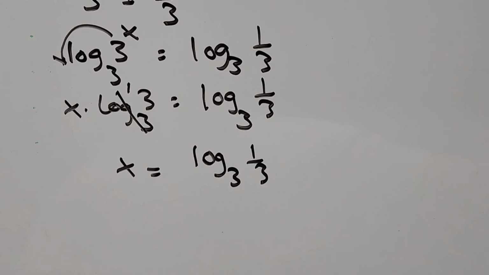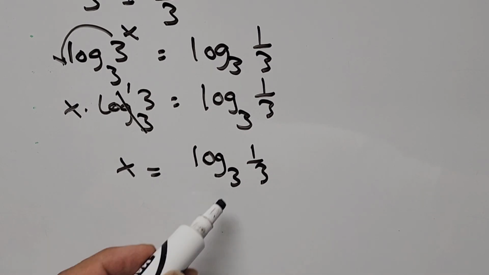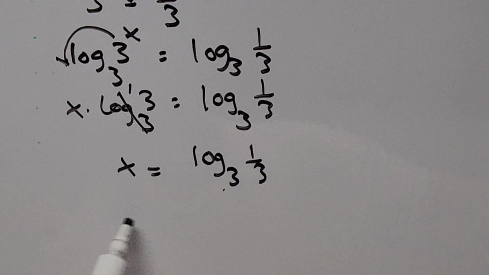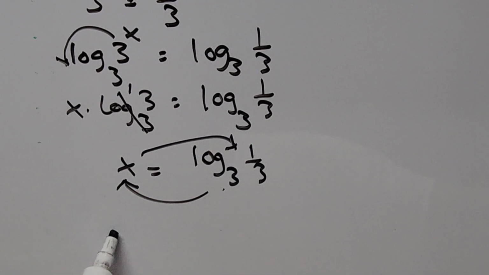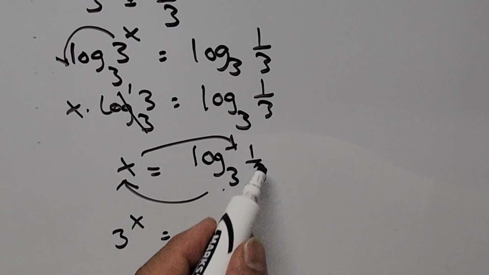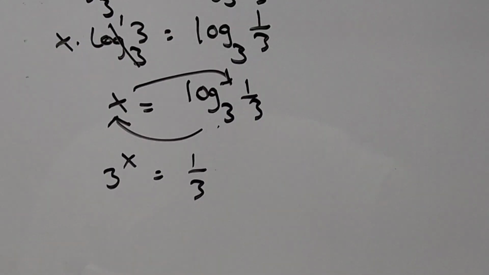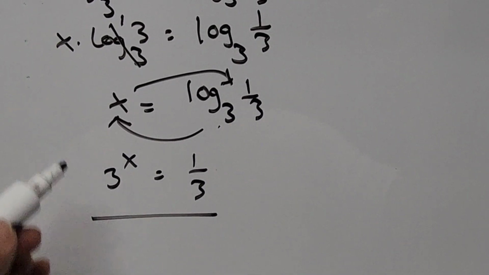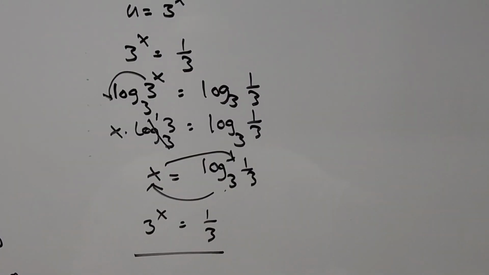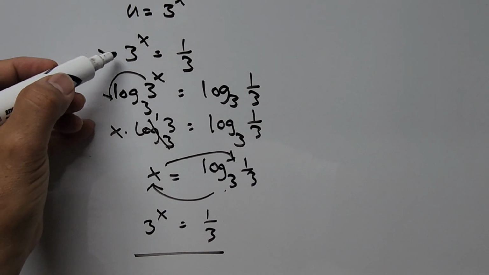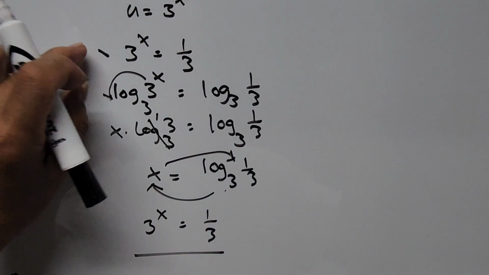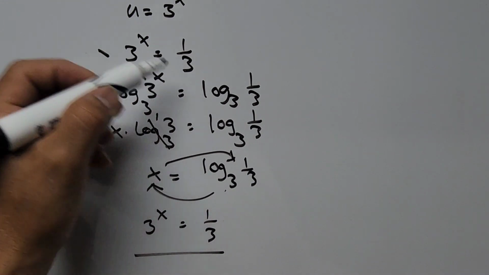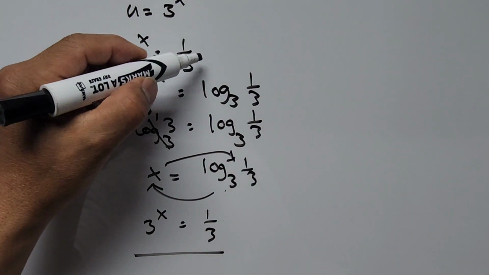If we take the numerical value of x, taking the definition of logarithm, we have 3 to the power of x equals 1/3, the same as up above. We can simplify this already, or we use the principles of logarithm. Another way, an alternate method, is flipping this denominator and putting it on the numerator.